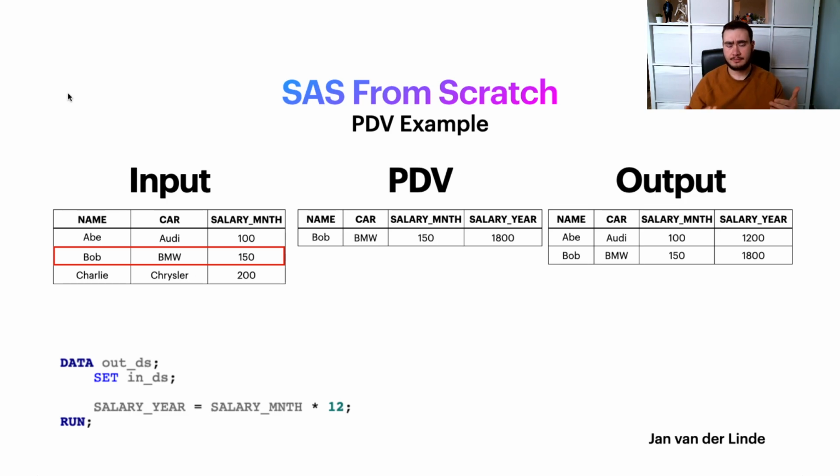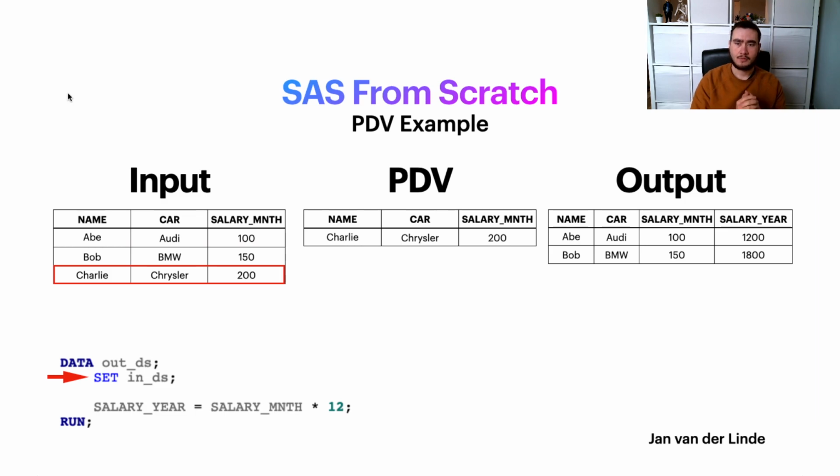Now we're again at the bottom of the data step. We've executed all the instructions, but we're not done with the input. So we need to go back to the top of the instructions, read the next record, and continue, which is what's happening here. Charlie and Charlie's information, the car and the salary, are now in the PDV.